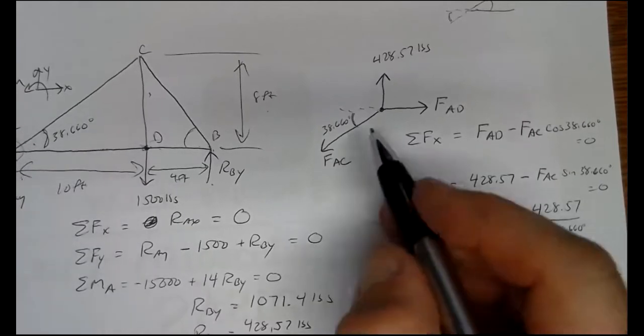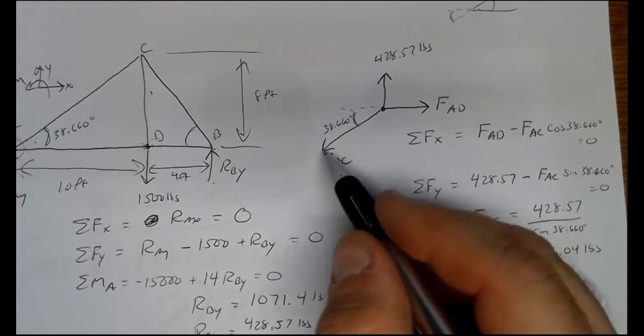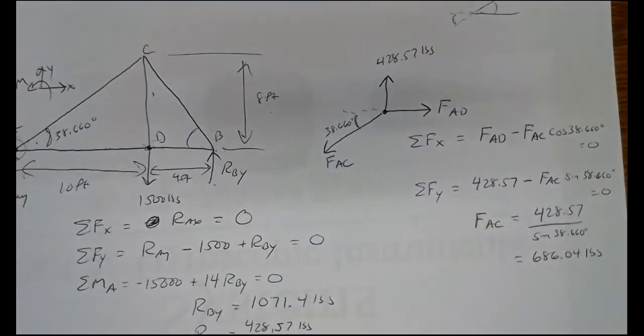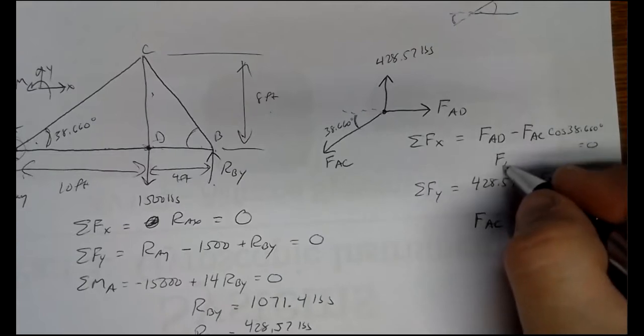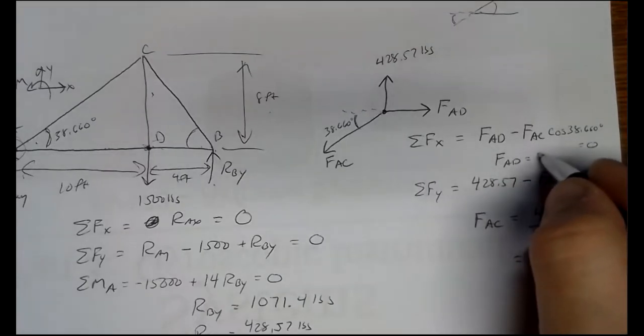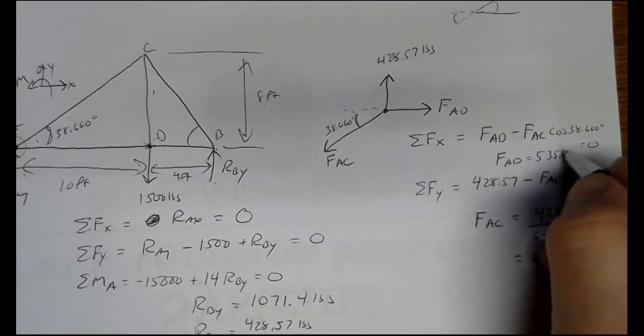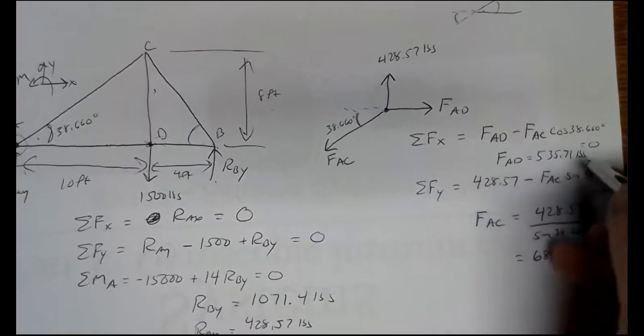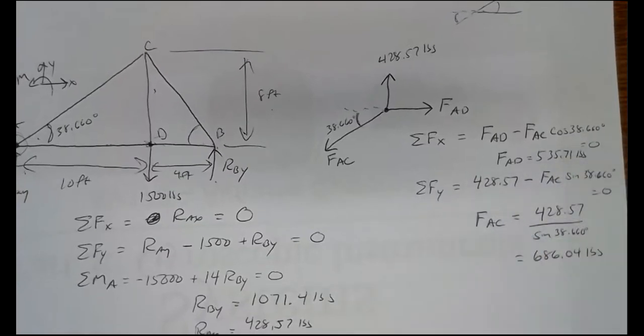Positive, so that means my assumed direction here is correct. And we'll come back to that in a moment. Now that we know member AC, we can go and figure it out for member AD. FAC times the cosine of 38.660 will tell us FAD comes out to be a positive 535.71 pounds. Also positive, so our assumed direction's correct.